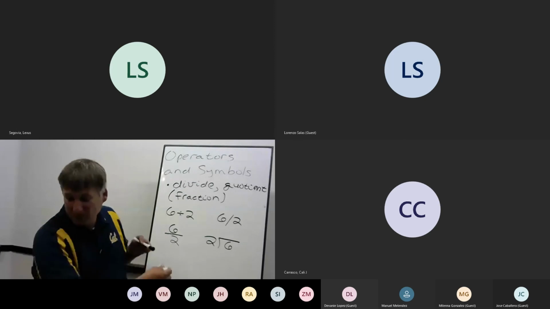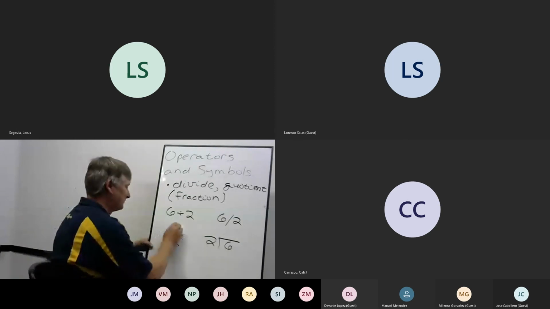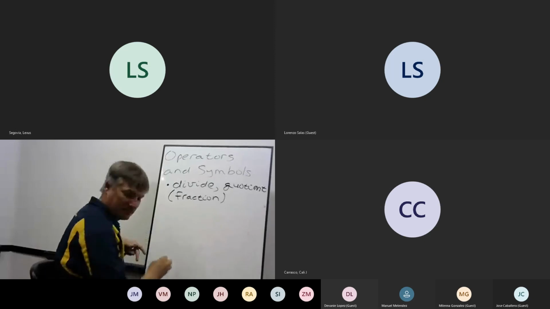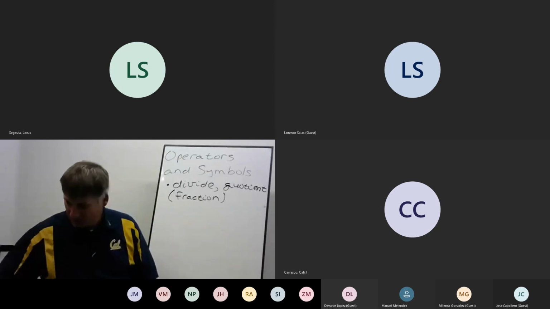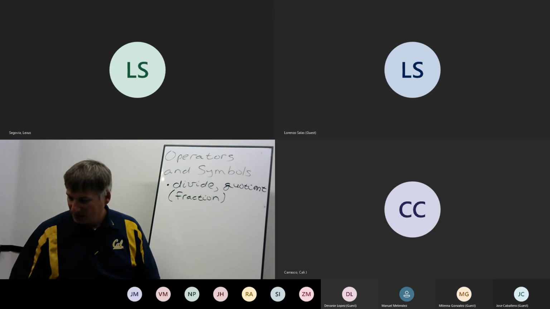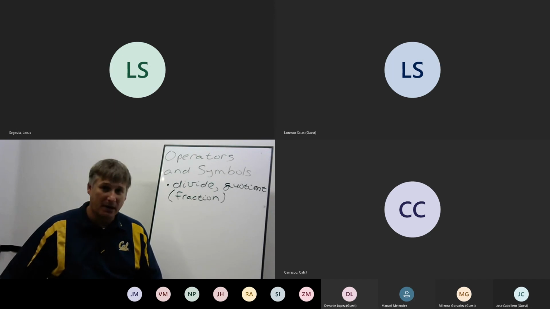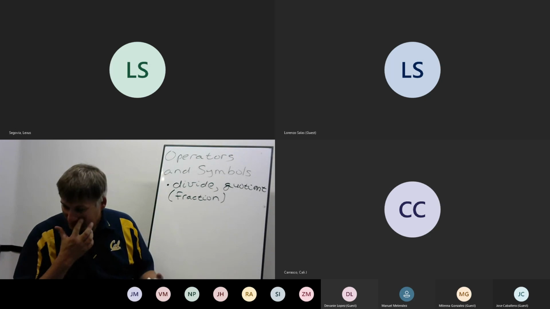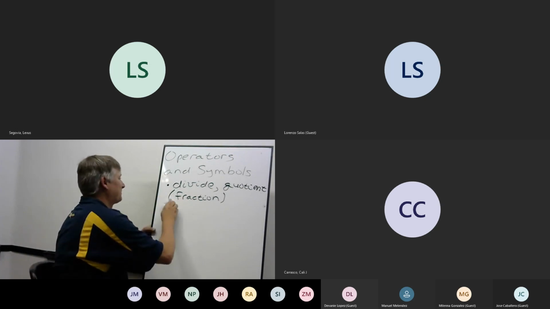So we have grouping symbols. I'm a little surprised that they're doing this. They're introducing grouping symbols after we've done PEMDAS. I figured that's a little confusing, but that is what they do.